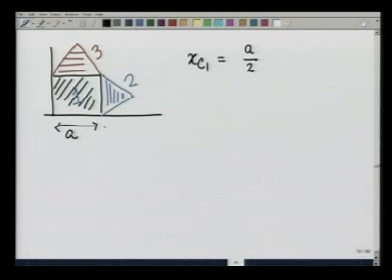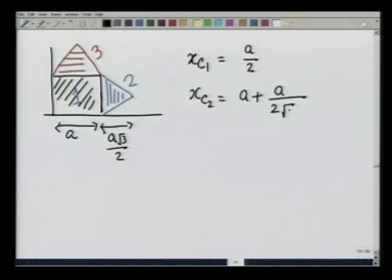Similarly, the height of this triangle, because the side is a, is going to be a root 3 by 2, and therefore x c 2 is going to be equal to a plus the distance of the centroid from the base, which is nothing but 1/3 the height, and therefore a divided by 2 root 3.